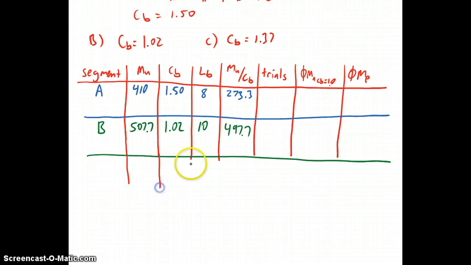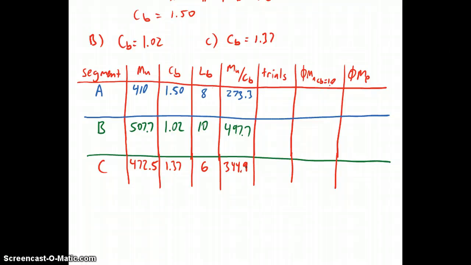Extend my columns here. And we'll do the same thing for segment C. Max moment 472.5 with a C sub B of 1.37. Unbraced length of 6. Normalized moment 344.9.